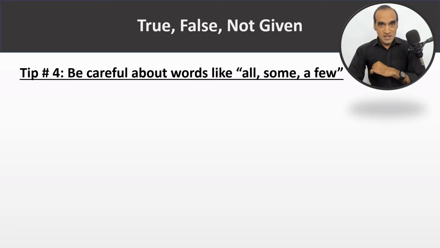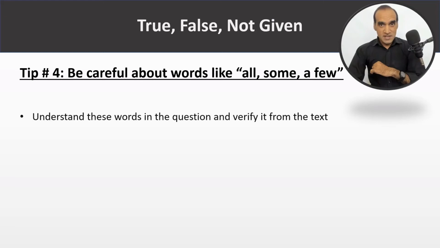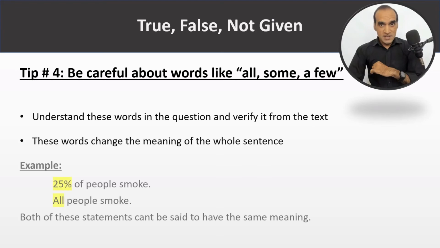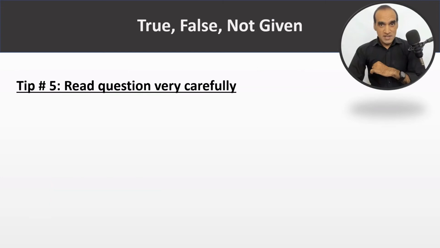When they are used in a question, make sure to understand what they mean and verify it from the text. These are meaning-changing words and change the status of the question from true to false or not given. Look at this example. 25% of people smoke. All people smoke. You see, both of these statements can't be said to have the same meaning.